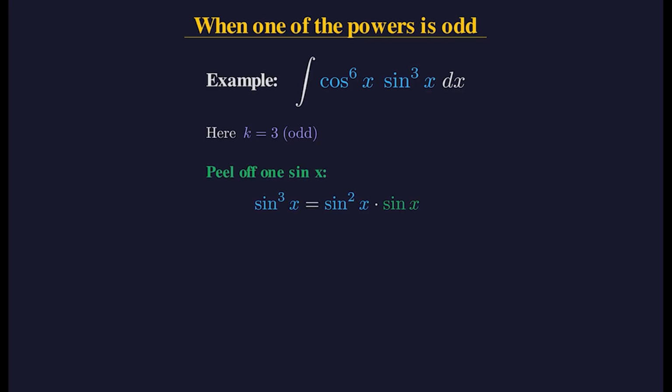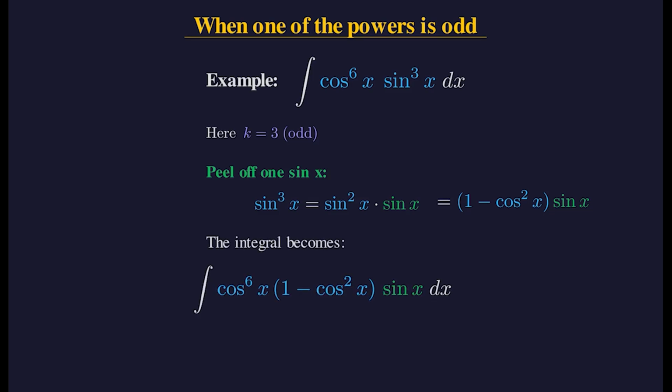So sine cubed x is equal to sine squared x times sine x, and we apply the Pythagorean theorem, which means we get 1 minus cos squared x times sine x. As a result, our integral now becomes the integral of cos to the power 6x times 1 minus cos squared x times sine x dx.